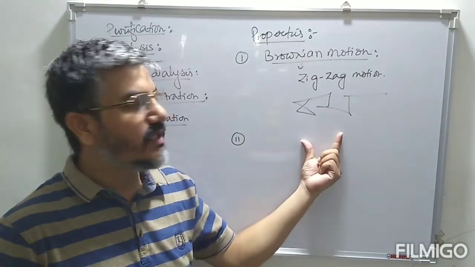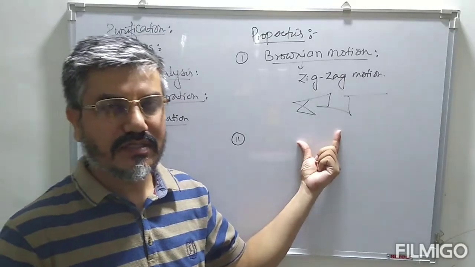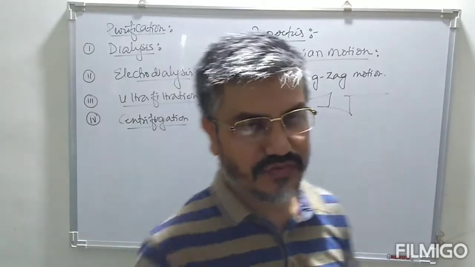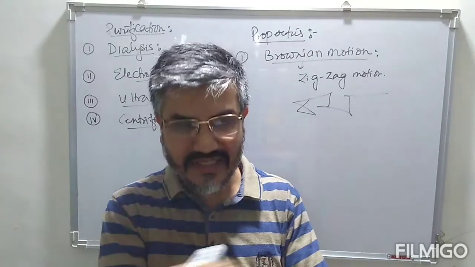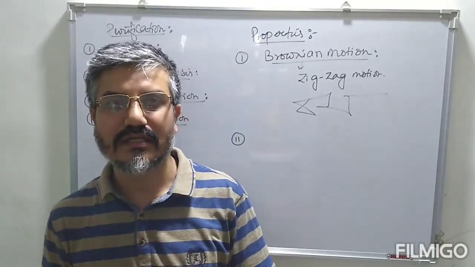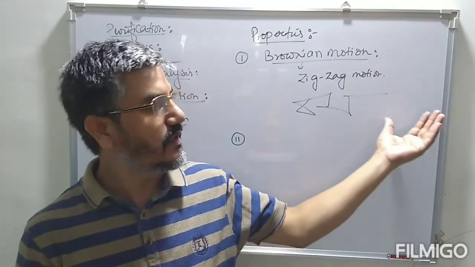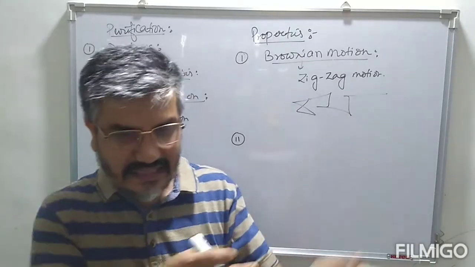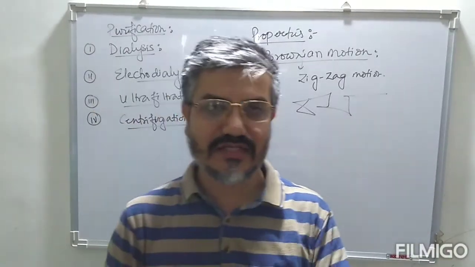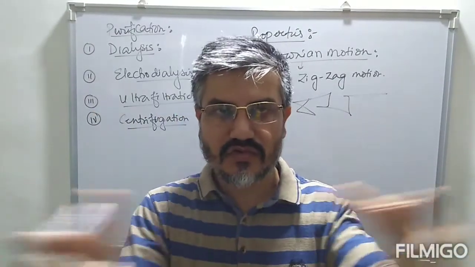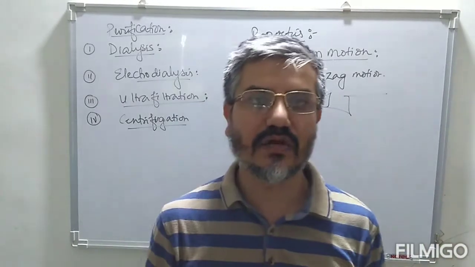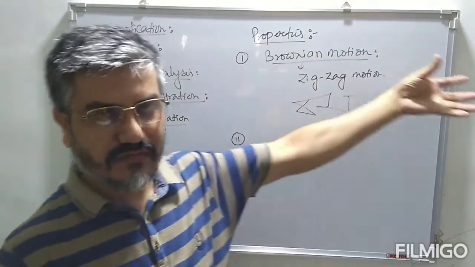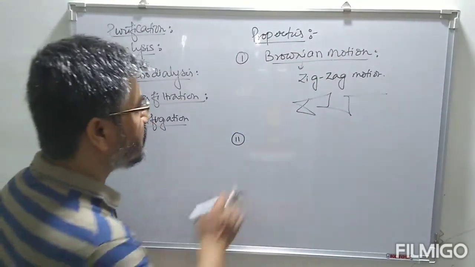And this Brownian motion is also responsible for the stability of the colloidal solution, because the particles are moving continuously due to this unequal impact or bombardment of particles. This continuous zigzag motion does not allow the particles to come closer, stick together and settle down. So this is also responsible for the stabilization of the colloidal solution.